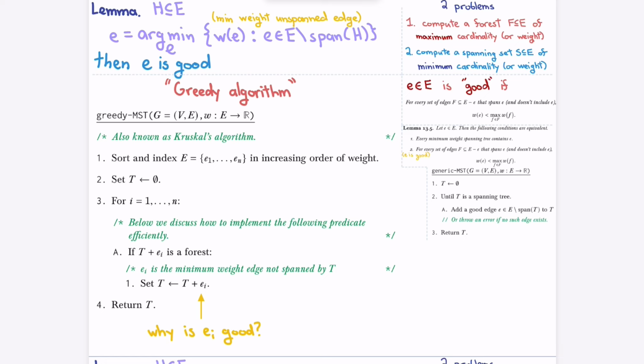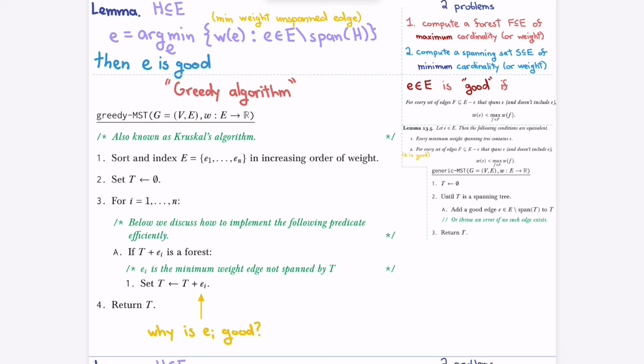Any other ideas? Yeah, so when I take an edge E, I want to know that I'm not making a mistake. So I can interpret this lemma as saying: if I can find some edge set H for which E, the next edge I take, is the minimum weight unspanned edge, then E is safe to take.